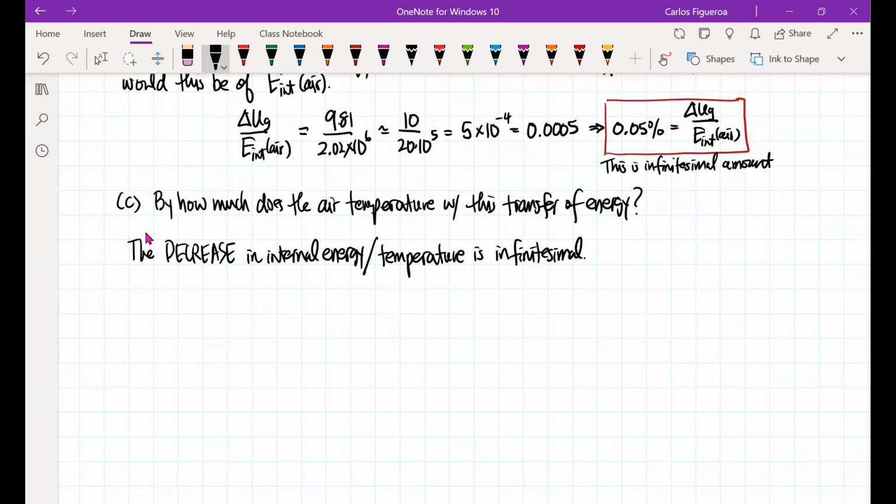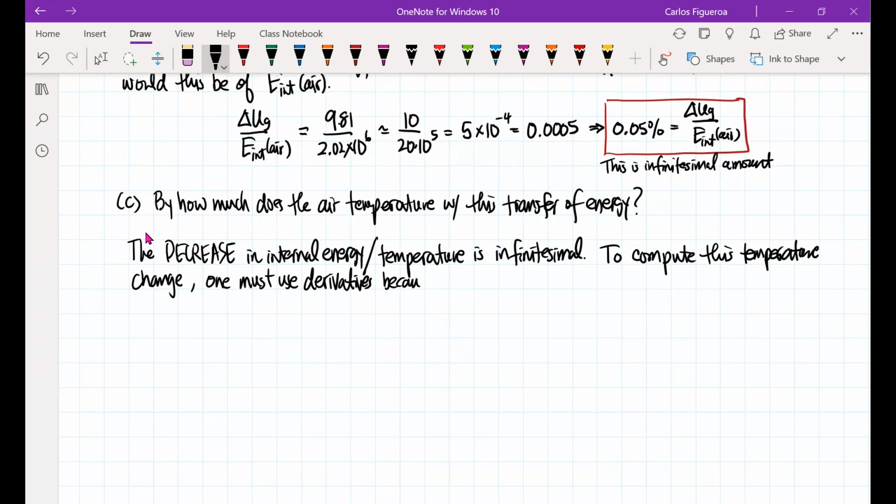Now, if we try to compute this temperature difference, or this temperature change, one must use derivatives because we are dealing with tiny numbers.